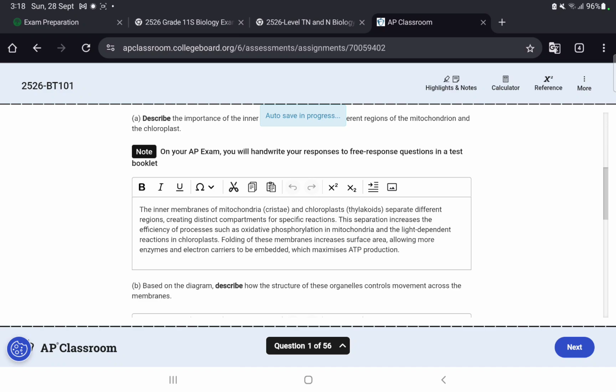You can say that this separation increases the efficiency of processes in the mitochondria and chloroplast. That's fine. And folding of these membranes increases surface area. That's very important, allowing more enzymes and electron carriers to be embedded. So it allows more enzymes and hydrogen ions to be embedded, and allows an increase in ATP production. Okay.